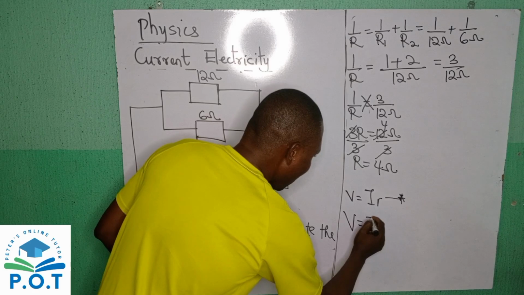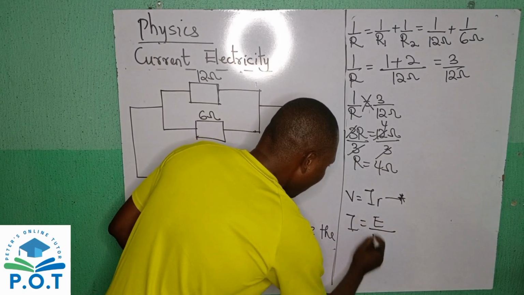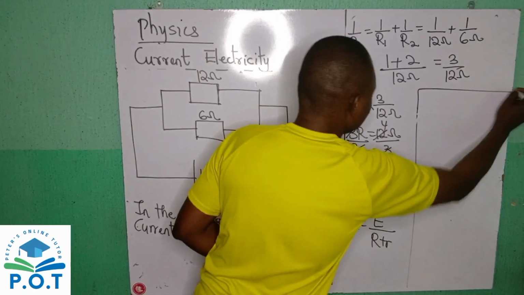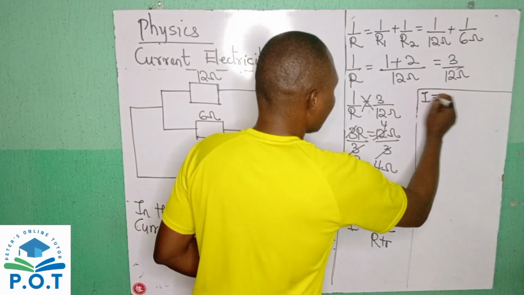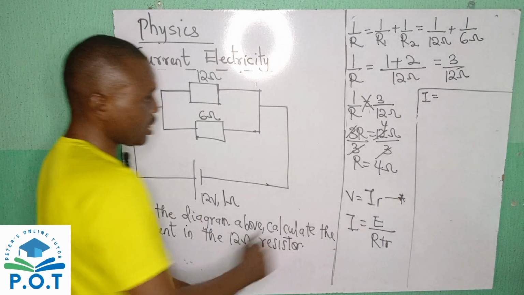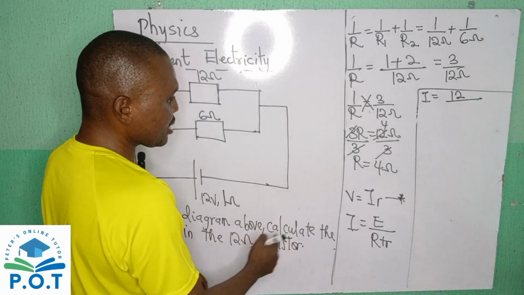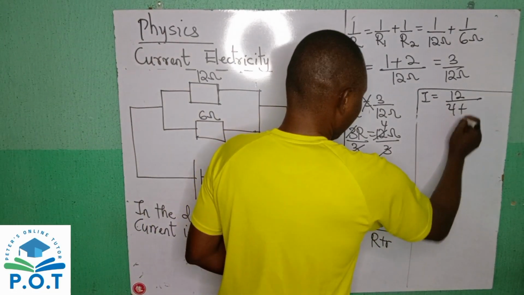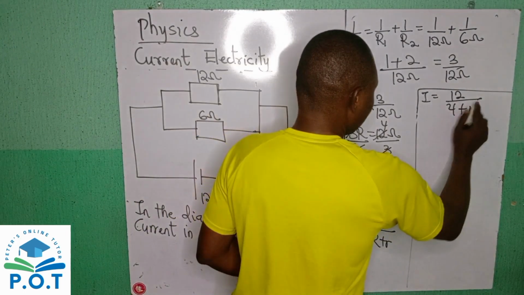Let's use this: I equals E over R plus r. My I is not given. So I equals my E, which is 12 volts, over my R. My R is the external resistance, which is 4, plus my small r here, which is the internal resistance, that is 1.